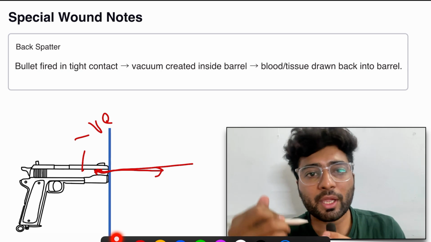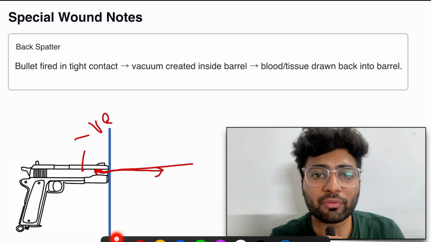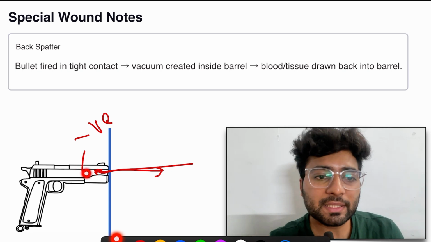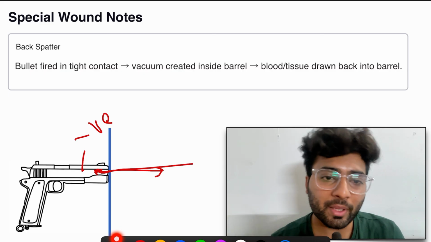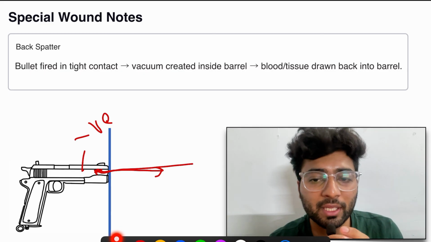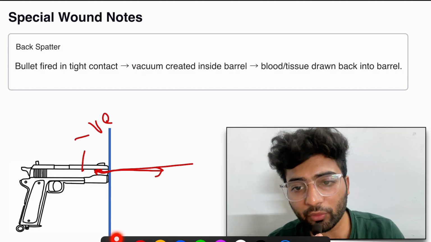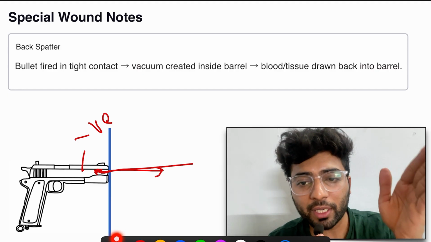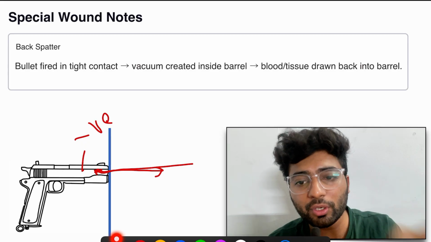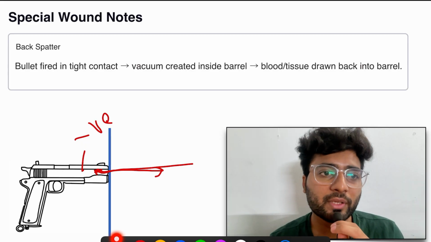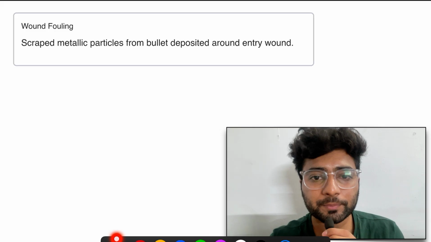So we have back pressure which creates a vacuum or low pressure inside the gun, and that leads to blood and tissues drawn back in the barrel. Why is the negative pressure created over here? Because the bullet and the smoke went with high pressure, leaving a vacuum or negative pressure over the gun. So this is back spatter.